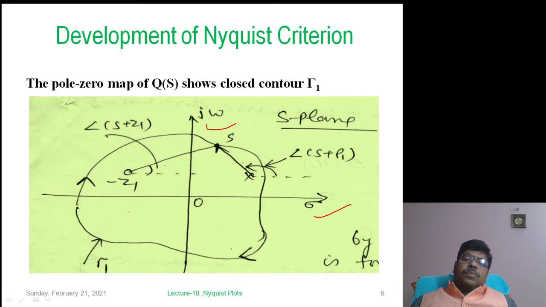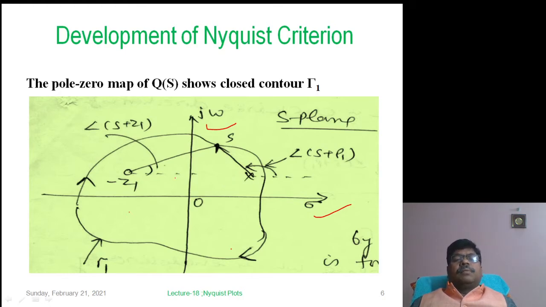It is moved in the clockwise direction. This is contour 1. In this path, there are two roots that are covered by the contour, meaning one zero and one pole.